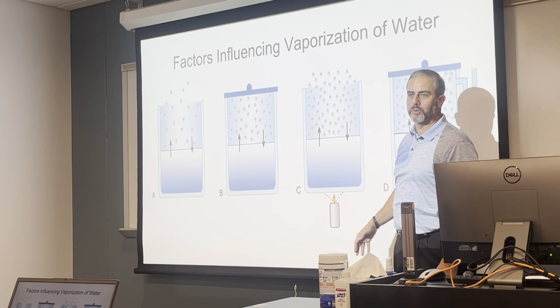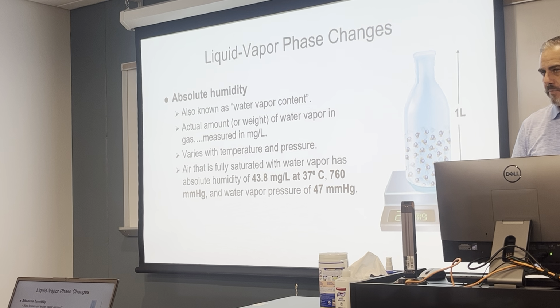Now, careful on that one. The students get the 44 number and the 47 number mixed up all the time. And I get it, the numbers are very close, but they represent two different things. What does the 44 represent? Humidity content, the amount.